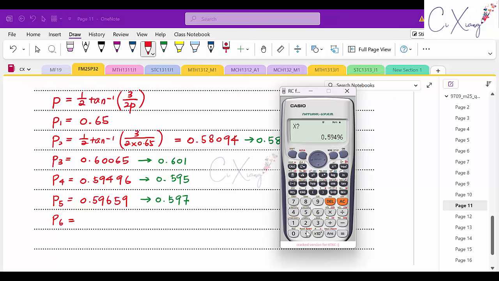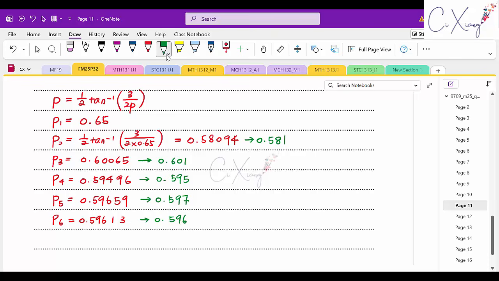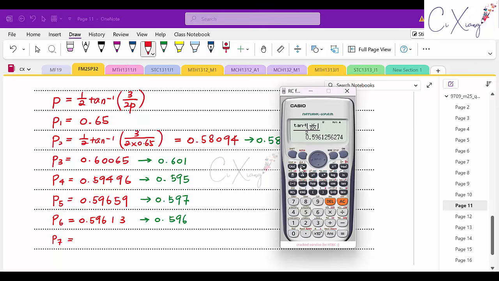Calculate 0.59659 equal sign, 0.59613. So 0.59613. So 3 decimal places answer is 0.596. Not repeated yet, okay? Please continue some more. 0.59613.